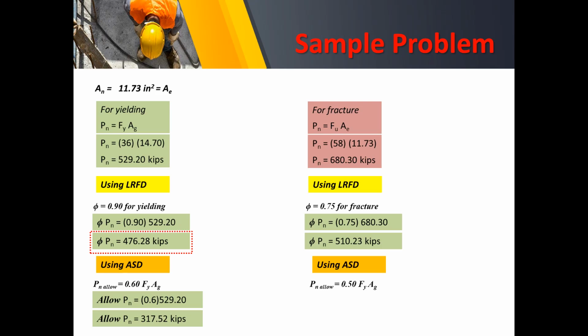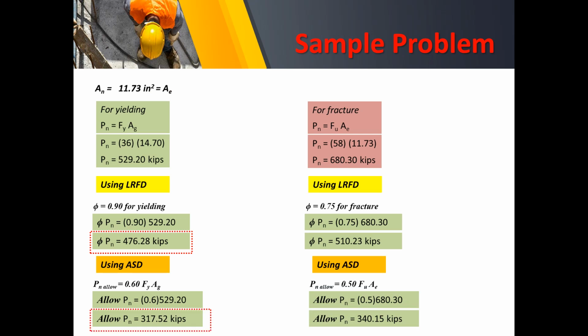Sorry, so this should be FuAe. So we multiply 0.5 by FuAe. So 0.5 times 680.3, and that will be equal to 340.15. So using ASD again, the least is 317.52, which means that using ASD allowable strength, the yielding controls.